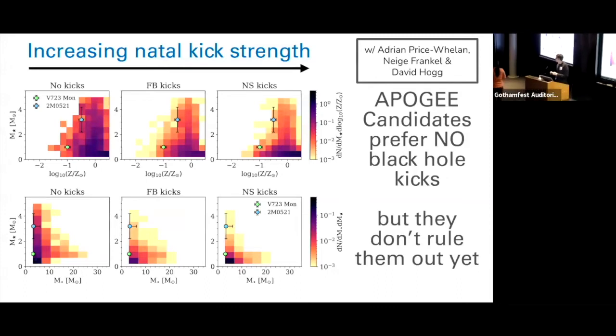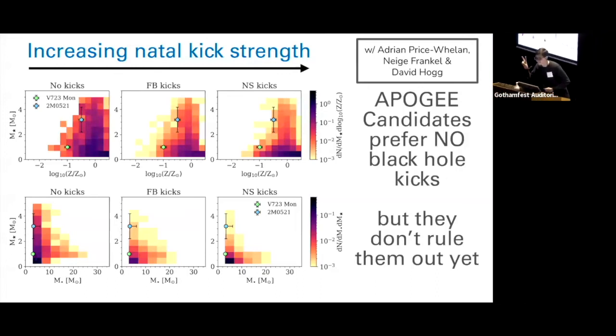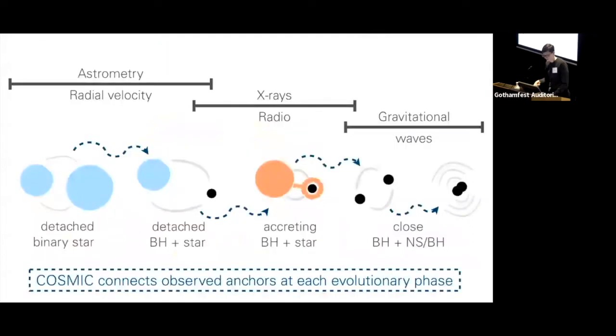Hi. I feel like this is the silliest question ever, but first of all, does a kick always unbind the binary? No silly questions. Natal kicks from core collapse supernovae unbind 90% of binaries. Okay. So if we go, I wonder if I can go backwards. Let's try this.